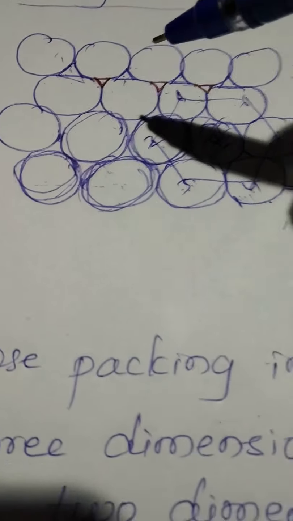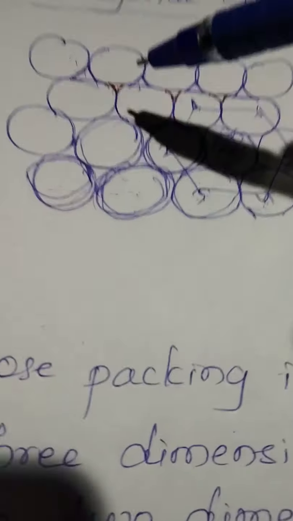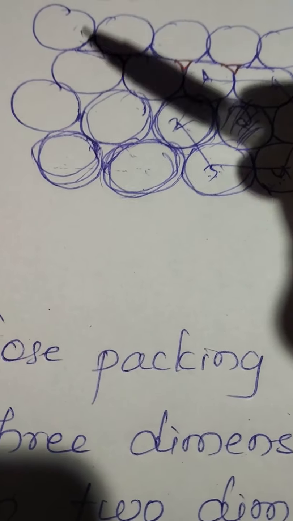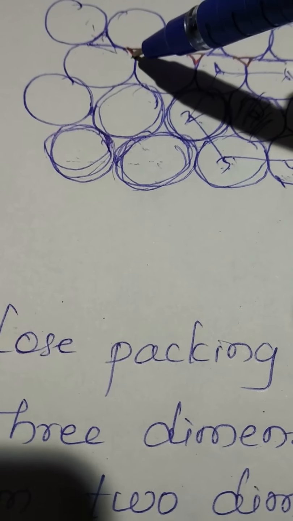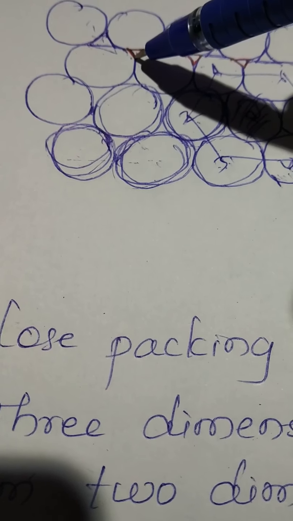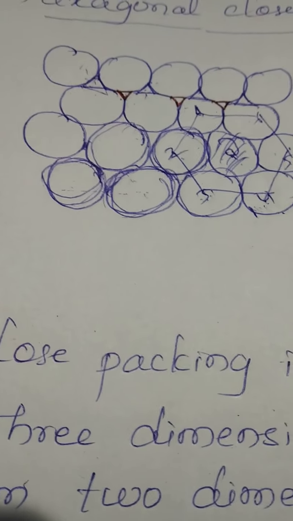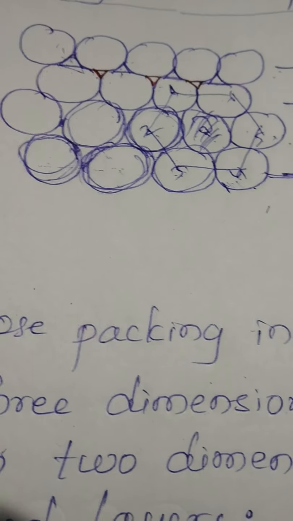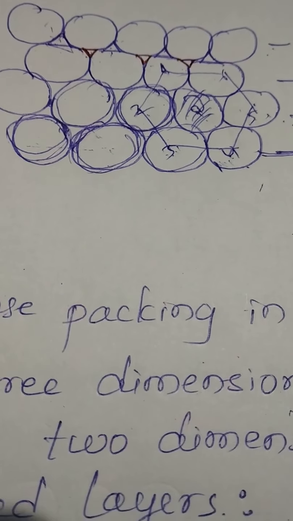Triangular shape is there, hence these are called triangular voids. These triangular voids are of two types. In the first row, the apex of the triangular voids is pointing upward. In the second row, the apex of the triangular voids is pointing downward. Once again I will repeat, voids means the empty space present between the spheres.